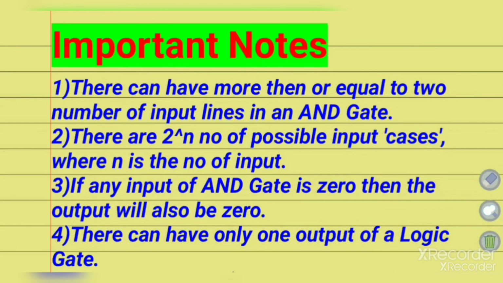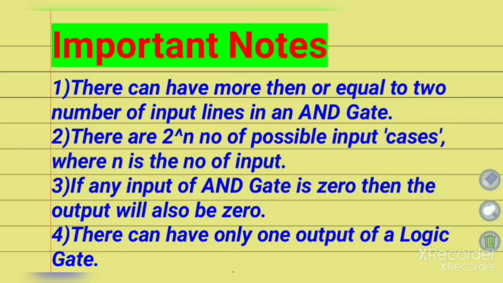Now I am going to provide you some important points you need to remember for this topic. First one is, there can be two or more input lines in an AND gate.